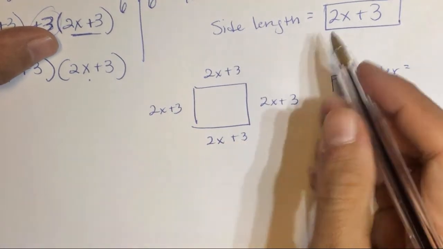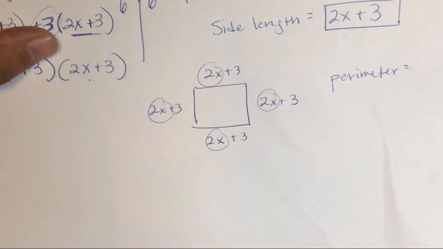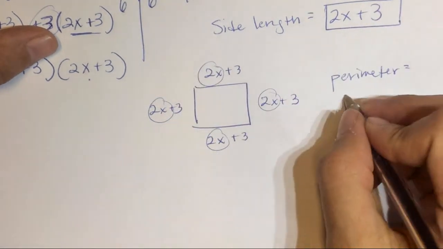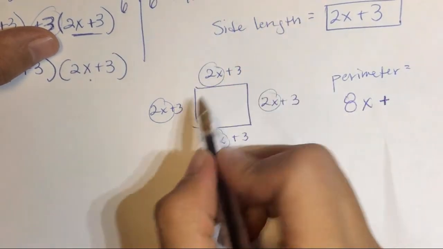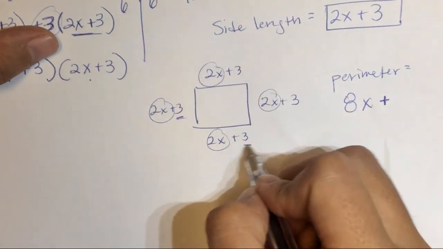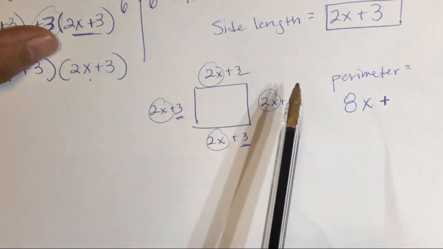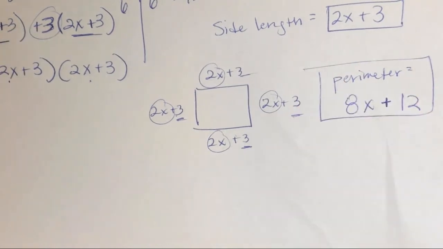I'm going to add all the x's together: 2x plus 2x plus 2x plus 2x is 2, 4, 6, 8, so I have 8x. Then I add all the numbers together: 3 plus 3 plus 3 plus 3 is 3, 6, 9, 12. So 8x plus 12 is my perimeter.